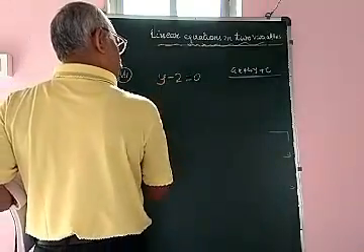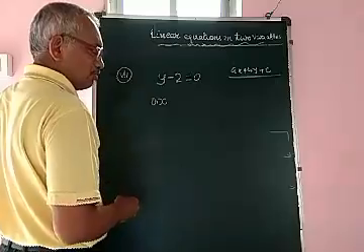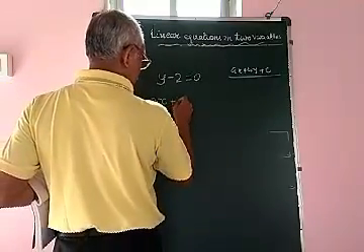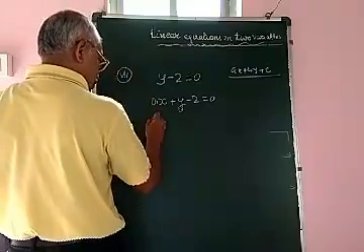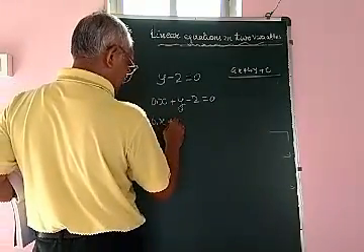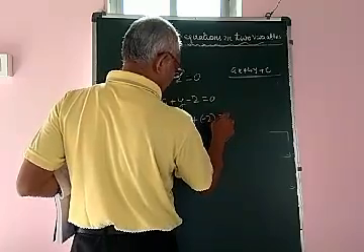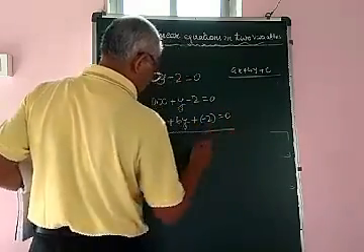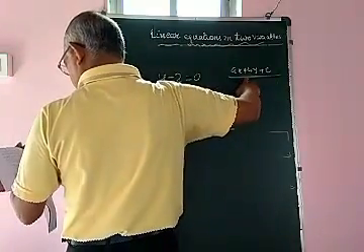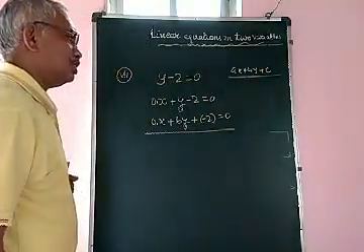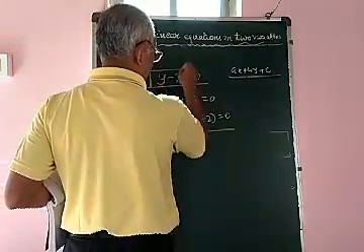Here, 0 into x is equal to 0, and + y - 2 = 0. Now 0 into x + 1y + (-2) = 0. This is the form of ax + by + c = 0. So this is a linear equation in one variable.